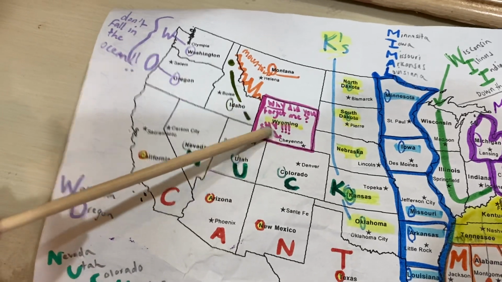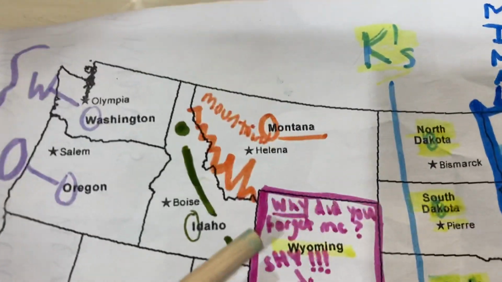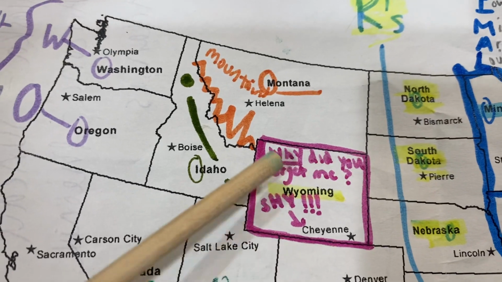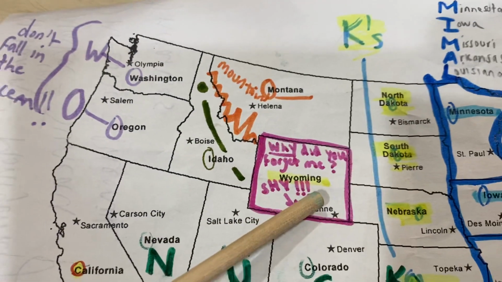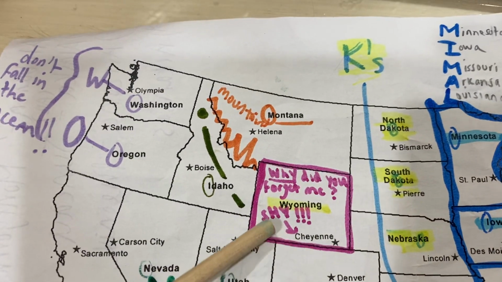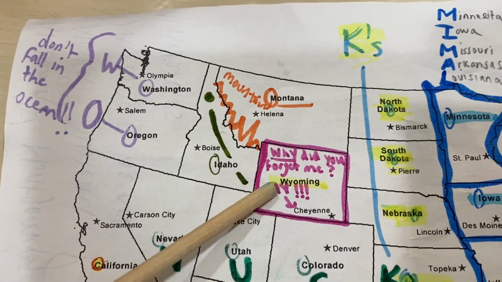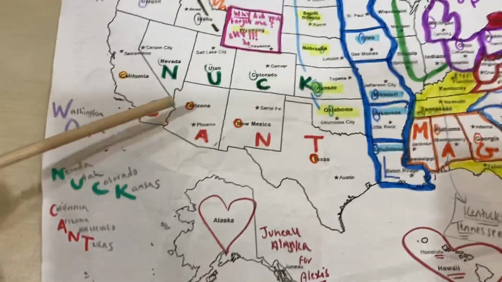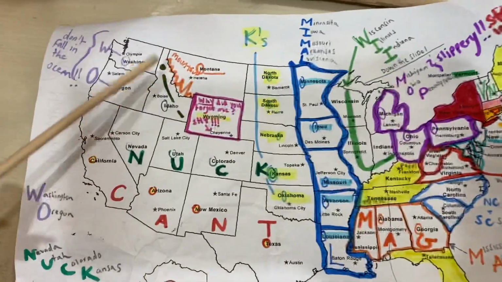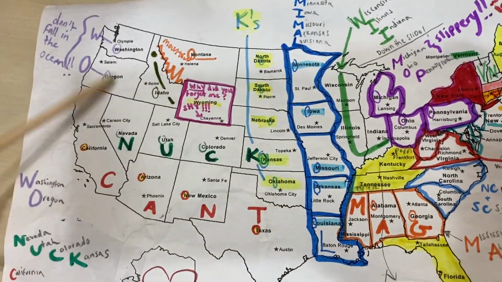And then you'll have everything here filled out except for one in the middle. And that's going to be Wyoming. And it says, why did you forget me? Why? Why for Wyoming? And it's because she's so shy. And her capital is Cheyenne. Cheyenne, Wyoming. So this was the West Coast.